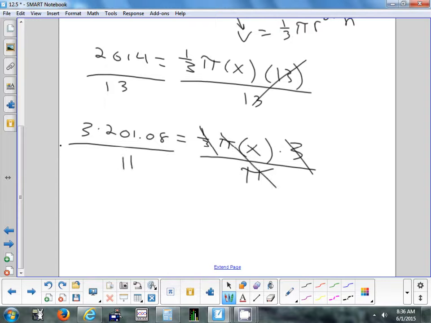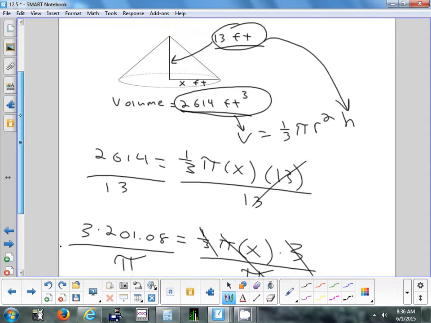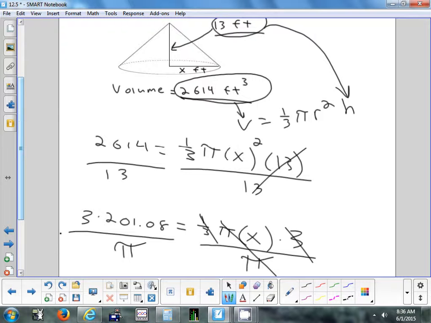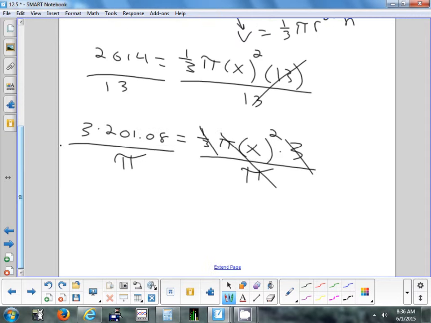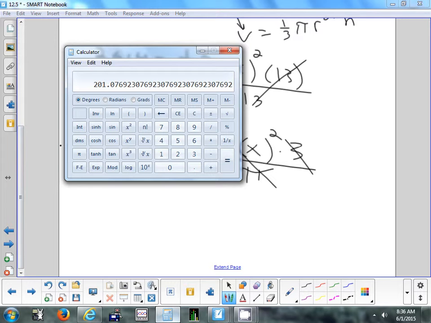It's gone. And now when you do out what's on the left-hand side, you're going to have x. Wait a minute, don't forget, that was a little bit of a mistake, but nothing we didn't catch. Make sure you put the exponent of 2 on your radius. If you forget that, it does come out wrong.